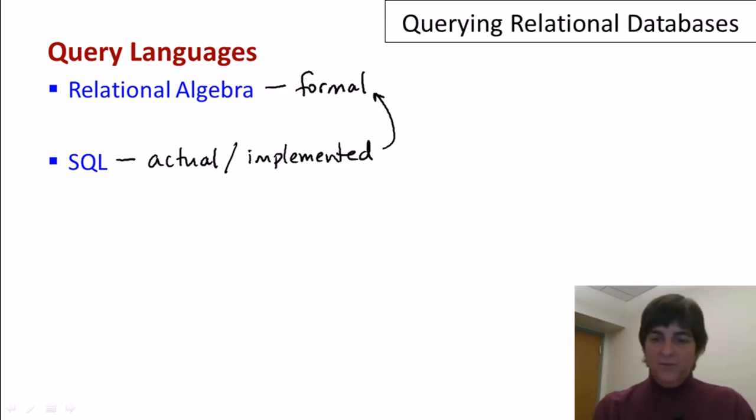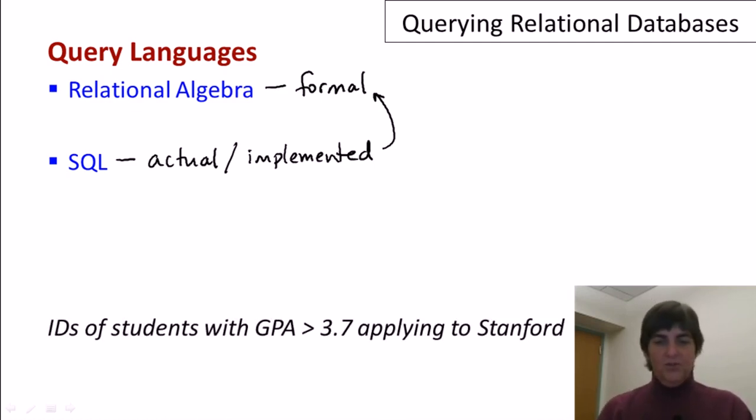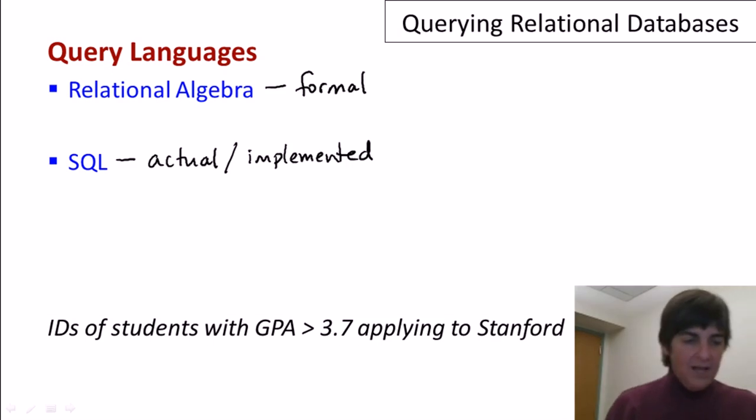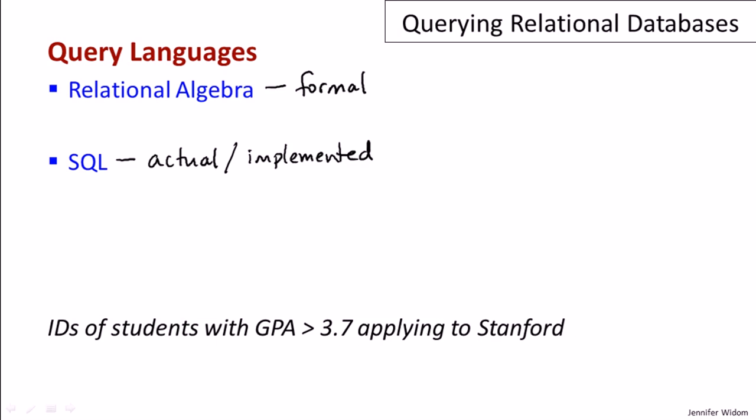Now, let me just give you a flavor of these 2 languages, and I'm going to write 1 query in each of the 2 languages. Let's start in relational algebra. We're looking for the IDs of students whose GPA is greater than 3.7 and they've applied to Stanford. In relational algebra, the basic operators of the language are Greek symbols. Again, we'll learn the details later, but this particular expression would be written with a pi followed by a sigma.